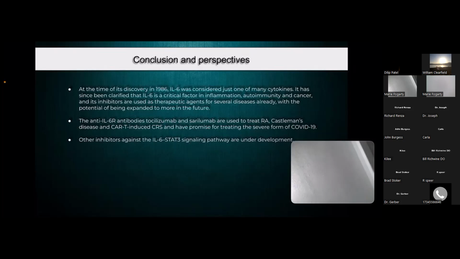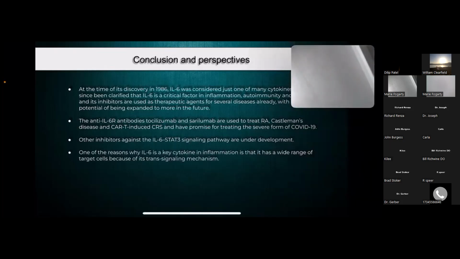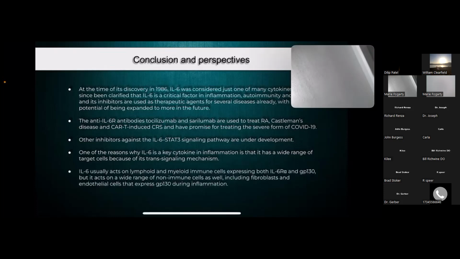One of the reasons why interleukin-6 is a key cytokine in inflammation is that it has a wide range of target cells because of its trans-signaling mechanism.